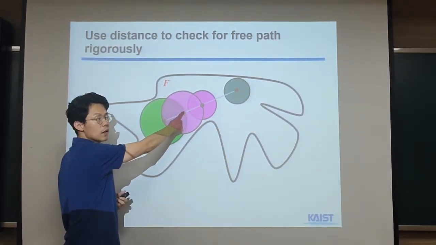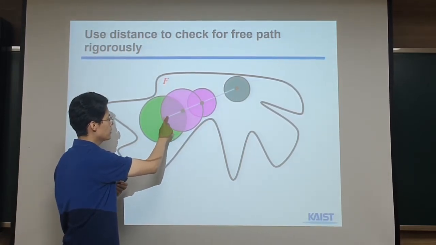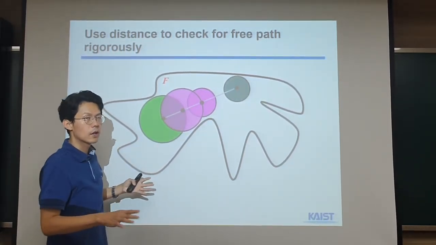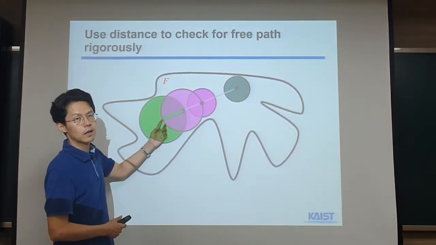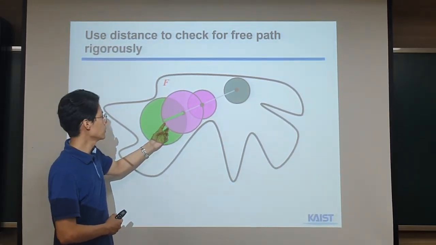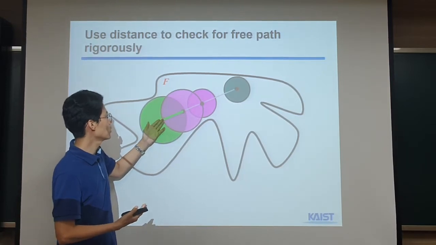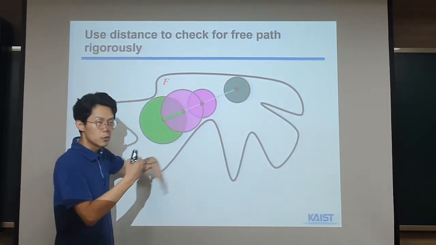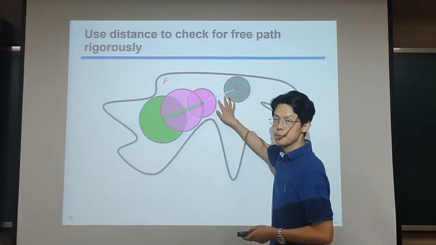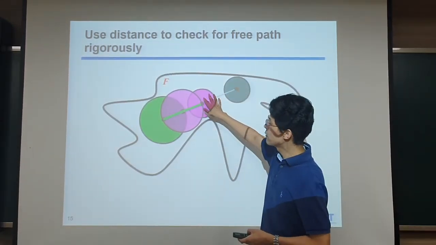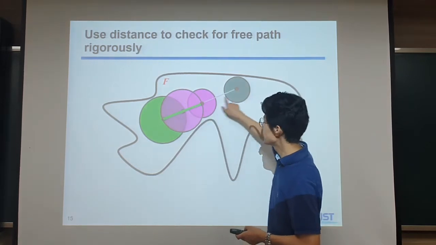Then it means that along the path from here to there, there is no collision. We can guarantee that there's no collision along this line segment. We can keep doing it, and we can guarantee that we don't have any collision along this path.